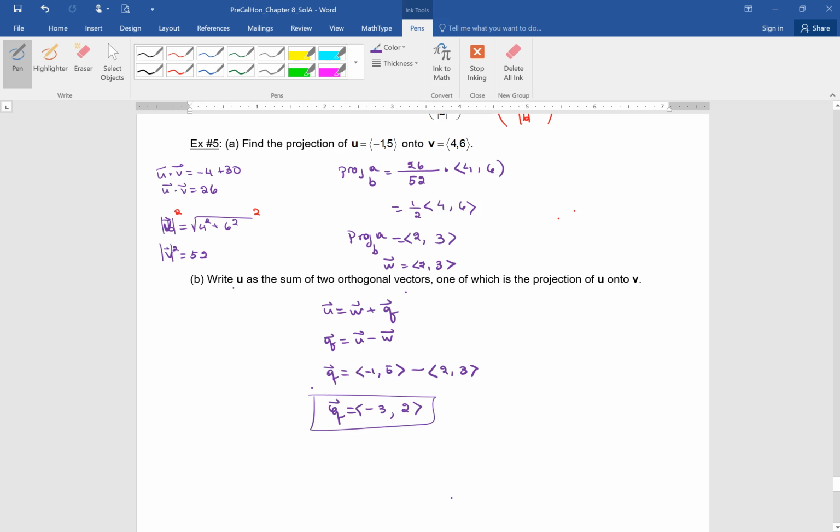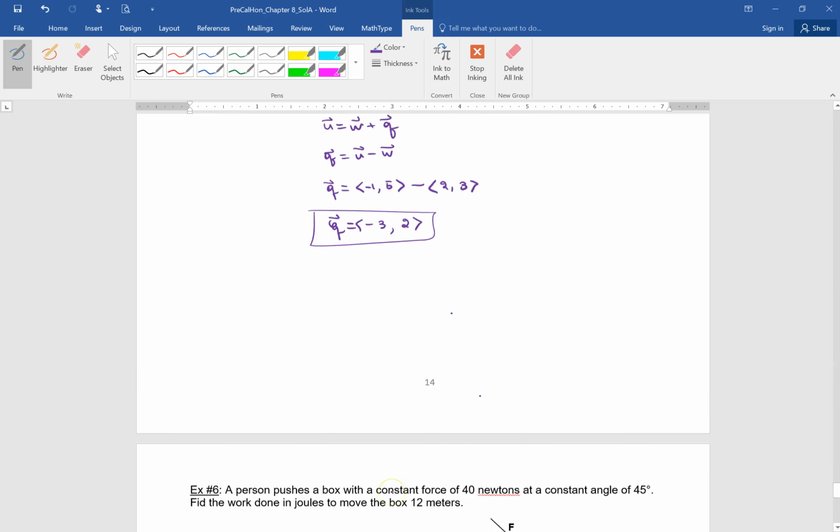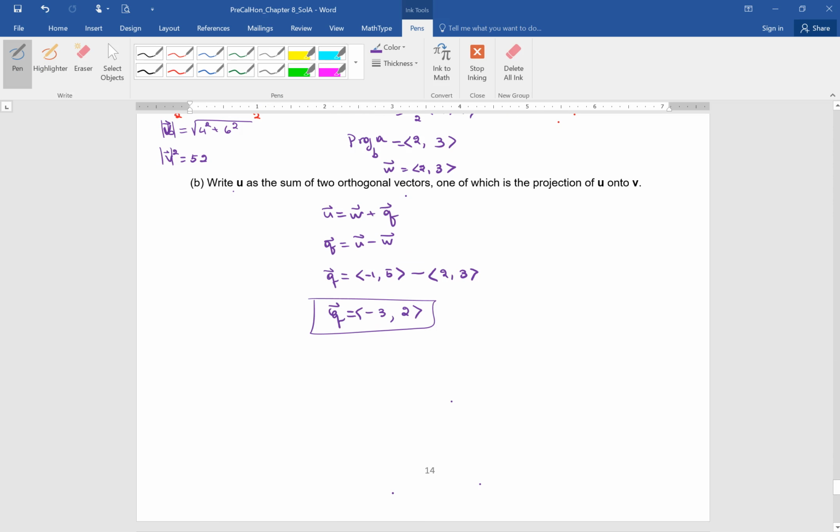Where am I getting these numbers from? U is this U, and W is this W that I just found.